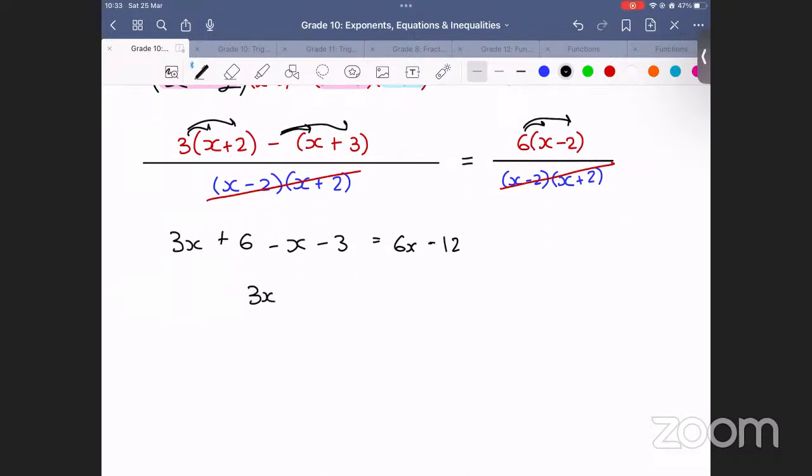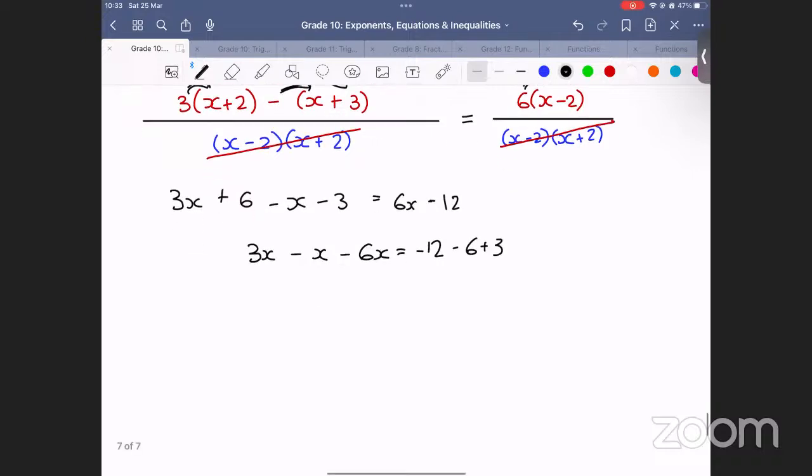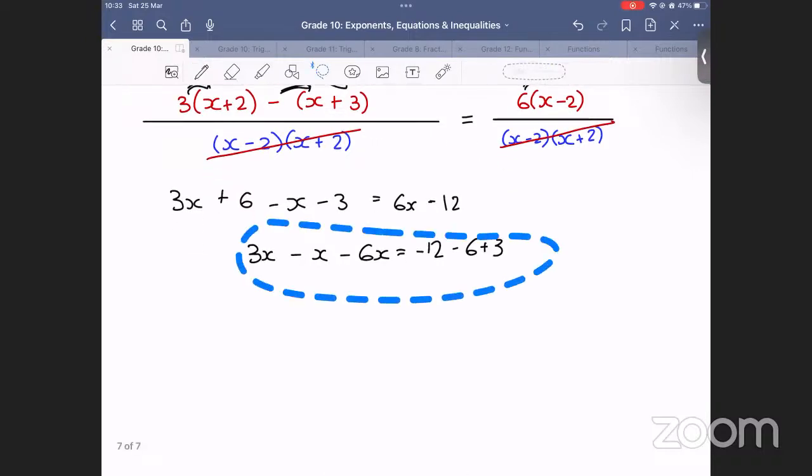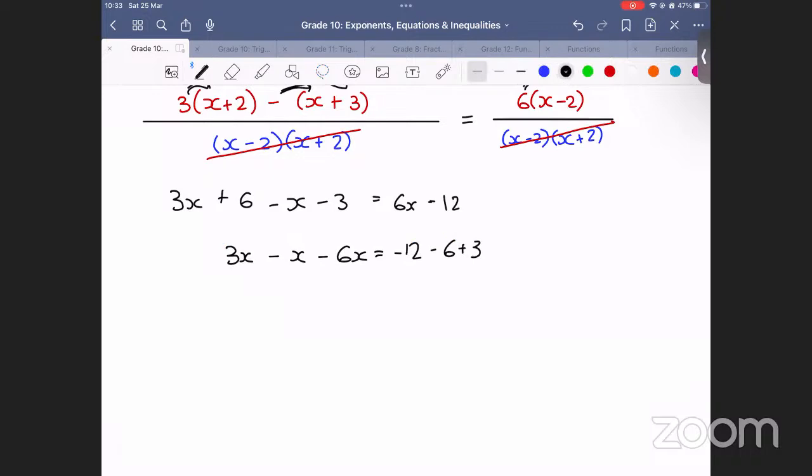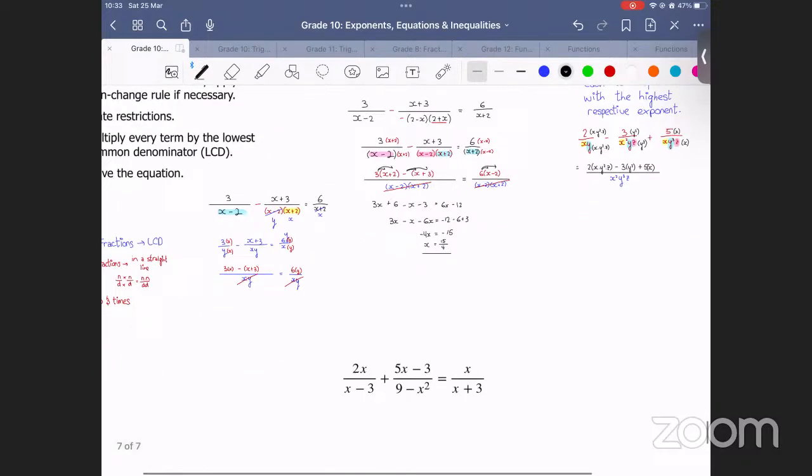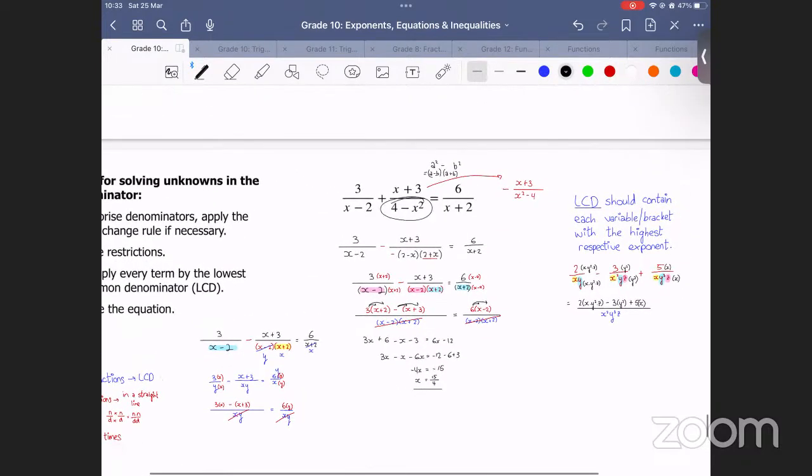So I'm going to have 3x minus x minus 6x is equal to minus 12 minus 6 plus 3. 3x minus x is 2x. 2x minus 6x is negative 4x. Minus 12 minus 6 is minus 18, plus 3 is minus 15. So if my calculations are correct, we're supposed to get negative 15 over negative 4, which is positive 15 over 4. And we are indeed correct. Okay, so I hope that made sense.